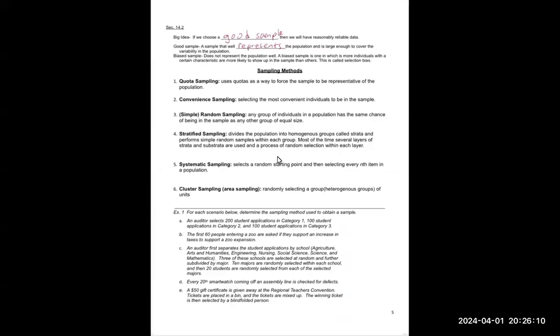So like I said, we want a good sample, but a biased sample is a sample that does not represent the population well. It's an example of, if I use my friends as a sample to approximate the number of Democrats in the school, if I think, oh, look, 50% of my friends are Democrats, so therefore 50% of Fresno State College is Democrat.